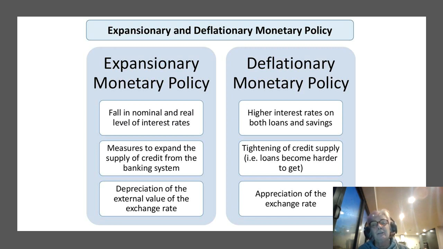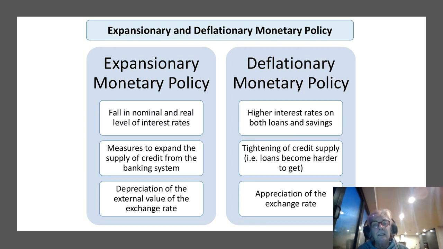They might increase interest rates to make it more expensive for people to borrow money, both businesses and consumers. But equally, it's not just more expensive to borrow, it makes it more attractive to save your money. So if interest rates are high, I might well be tempted to save my money rather than spend it. So that's another downward pressure on consumer spending.